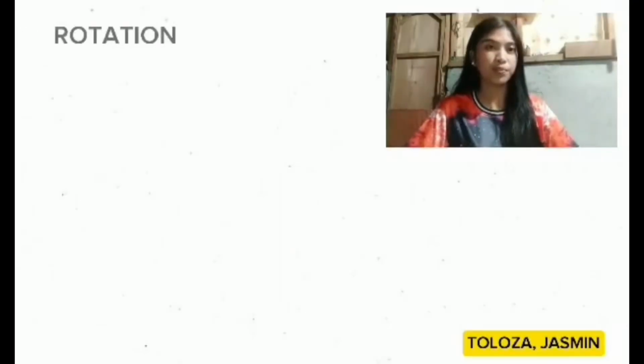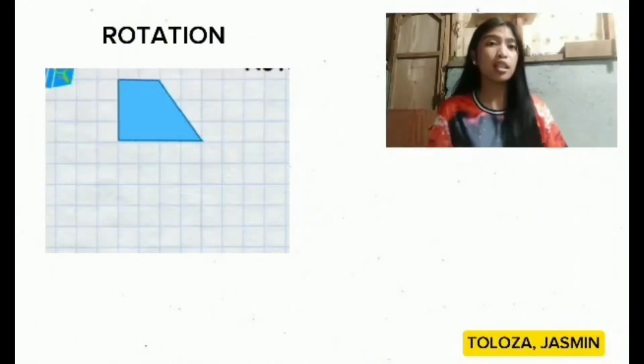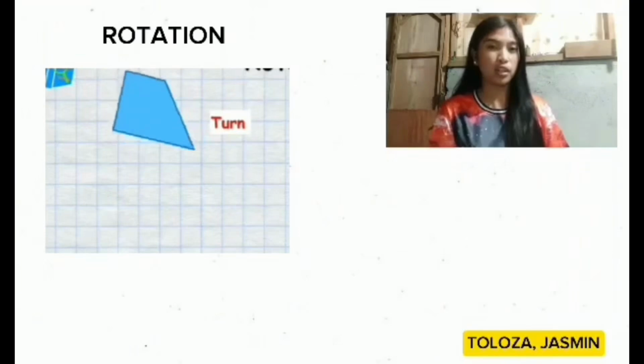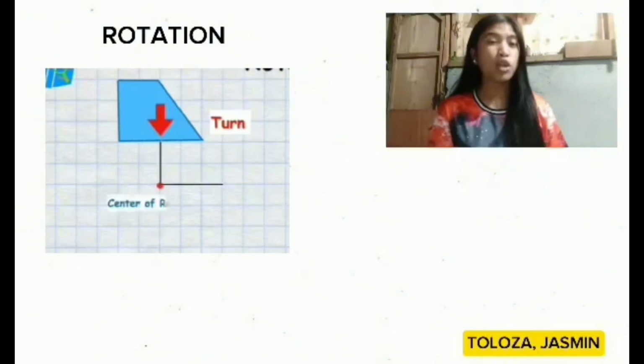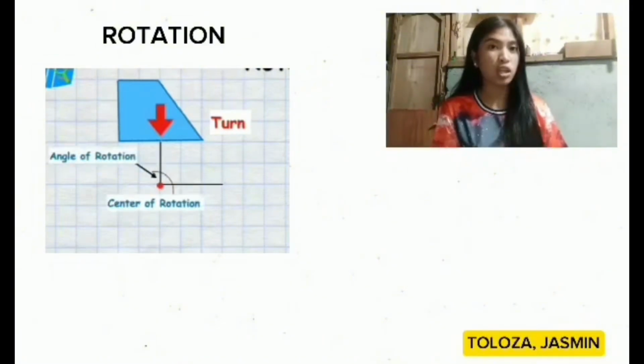Now, let's look at rotation. It is a turn of a shape around a point. It's like spinning a shape on a turntable. To rotate a shape, you need to know the center of rotation and the angle of rotation.